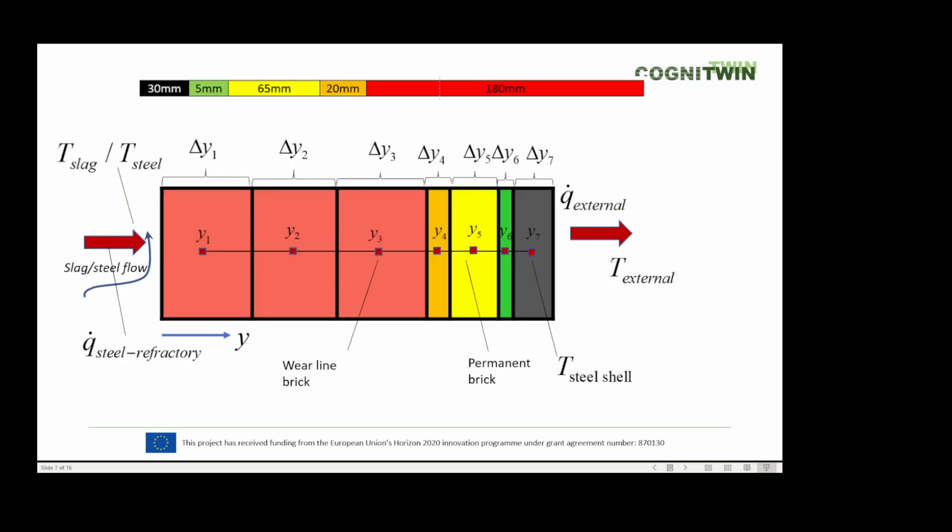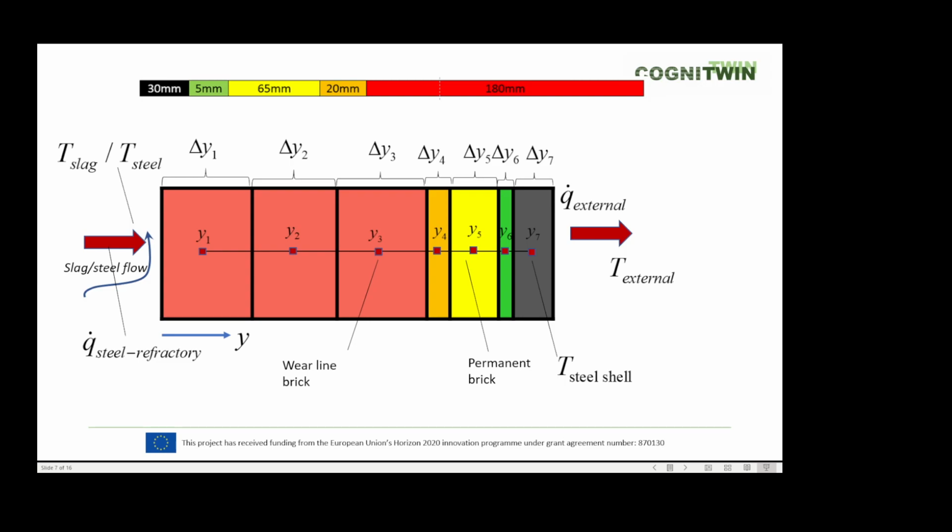In this slide, we see the setup of bricks. To the right, we see a layer of steel, and we have different layers of lining. The three bricks to the left are the wear lining, which is going to be eroded, and the model will handle the erosion and/or thickness reduction of this layer.